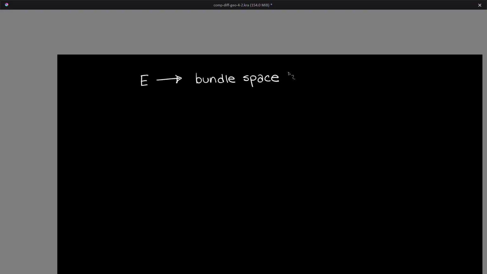One by one, we're going to construct E, we're going to construct pi, and then we're going to construct G alpha, the set of G alpha beta, and we're going to show that we have all of the ingredients necessary to make a consistent vector bundle. And that's what is going to tell us that given these conditions, we always will get a vector bundle. Okay, so this is our bundle space.